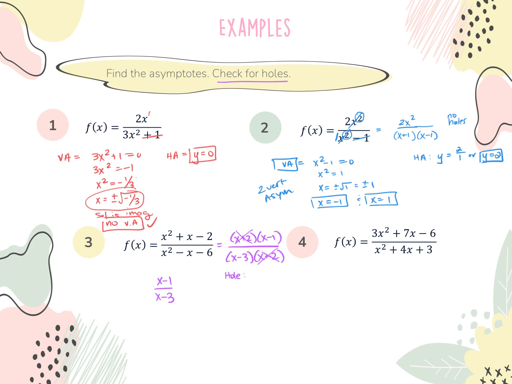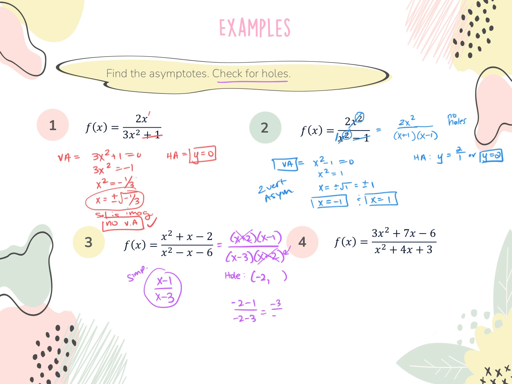So what value is our hole going to be at? Remember, what value is going to make x plus 2 equal to 0? That's negative 2, so I know the x coordinate of my hole is negative 2. Now I need to figure out the y value, so I will plug negative 2 into the simplified equation: negative 2 minus 1 over negative 2 minus 3.